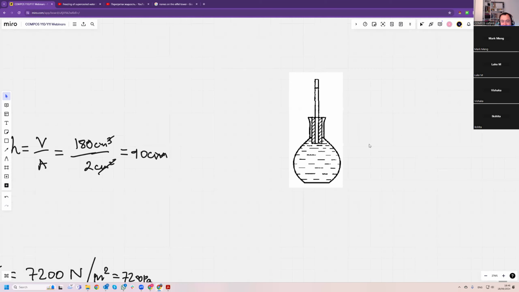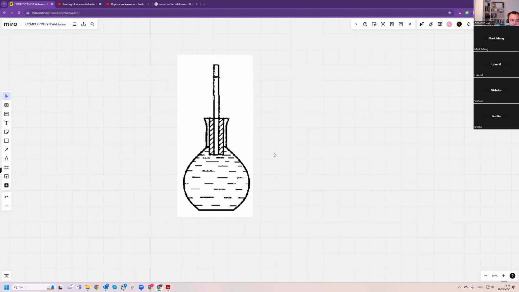Okay. So you take this thing. This is a bulb with a pipe. And you take a Sharpie. This is not a Sharpie, but it is a Slytherin pen. You need two things.